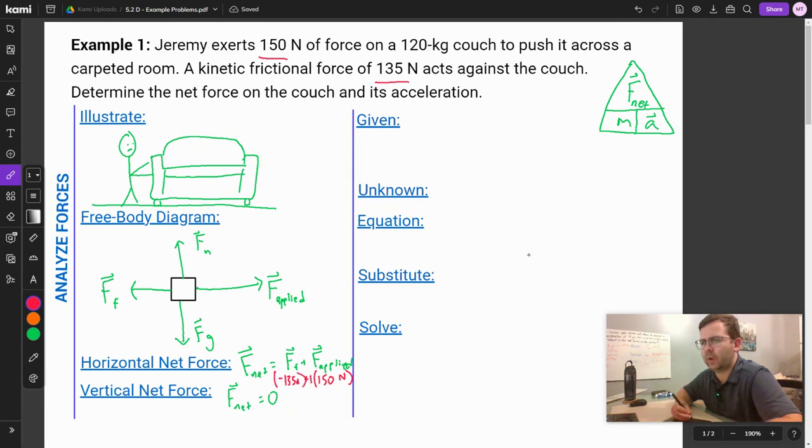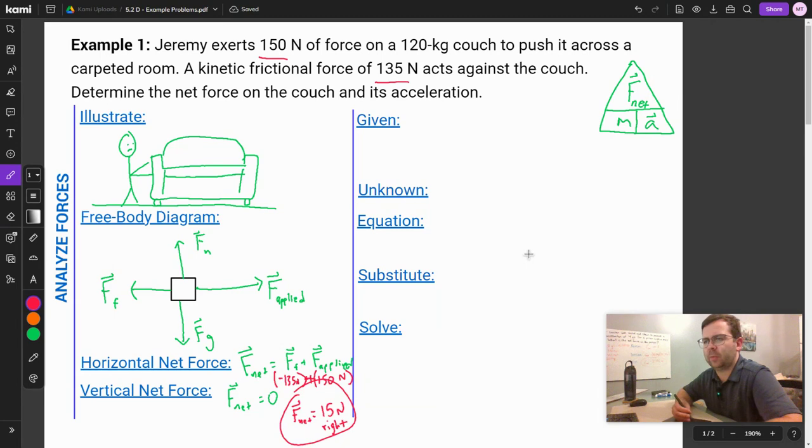So 150 plus 135, but this 135 is negative. So that means the net force is going to be 15 newtons, and that's to the right. So we've already answered the first question there.